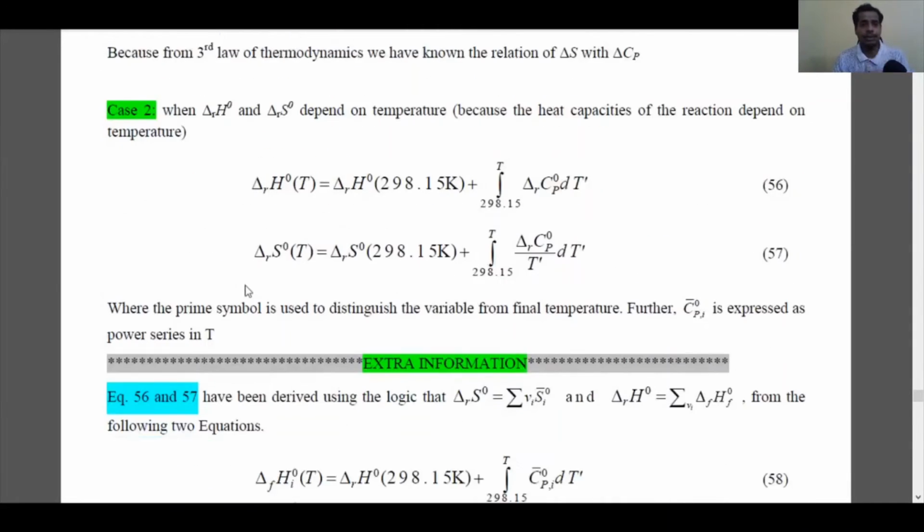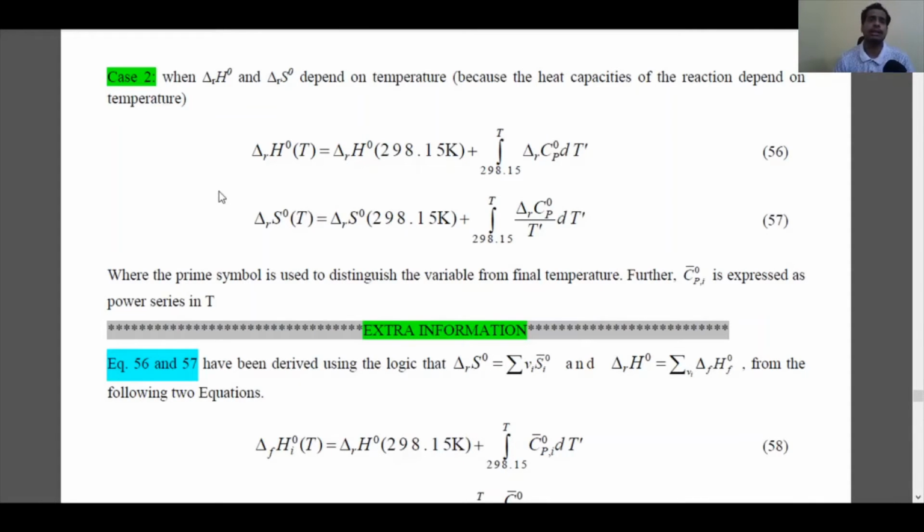Actually in case 2 we have assumed that reaction enthalpy and reaction entropy depend upon temperature, and actually they do depend upon temperature. Case 1 was the simpler assumption, but in actual practice the reaction enthalpy and reaction entropy both depend upon temperature. And what is the relation of their dependence on temperature? The reaction enthalpy depends on temperature as shown in equation 56, and the reaction entropy depends on temperature as shown in equation 57.